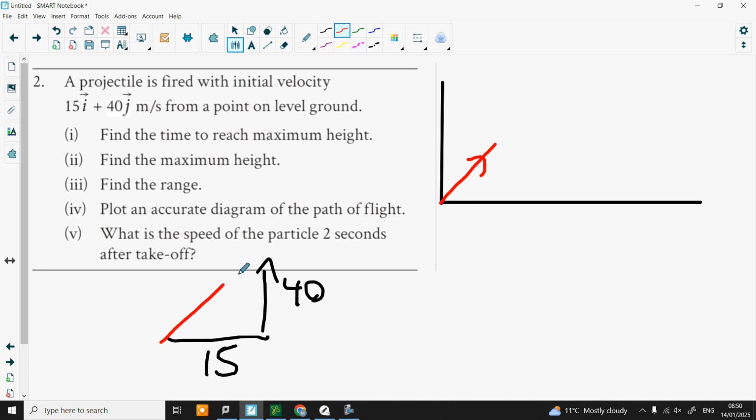Agreed? So that's the first thing. What happens if, let's say, an archer fires an arrow? What will happen to the arrow? It goes up and then it comes back down again, okay?